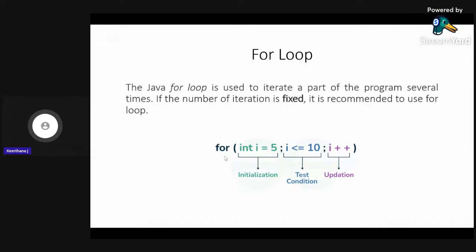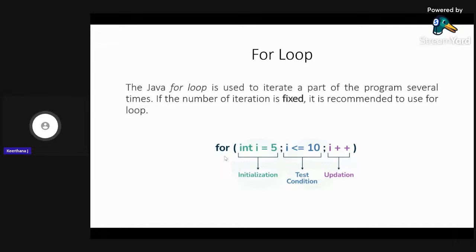Whenever you solve a particular DSA question with a brute force approach, obviously you will be using looping statements. Not only brute force, mostly in every place you will be using this looping concept. Usually, whichever loop is comfortable for you, you can go with that loop. But here, if your number of iterations is fixed, you know how many iterations your loop must work.